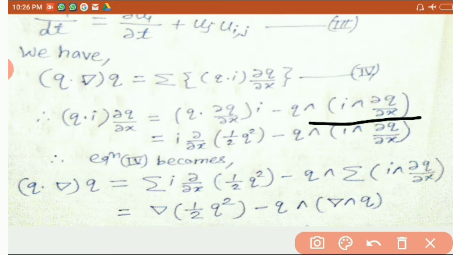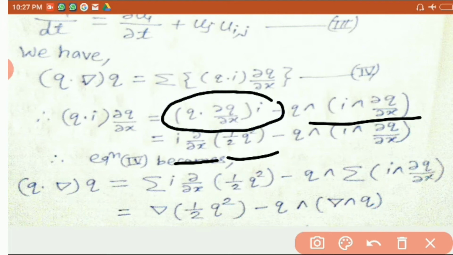So this can be written as i dou by dou x of 1 by 2 q square. We know this q dot dou q by dou x i is i.